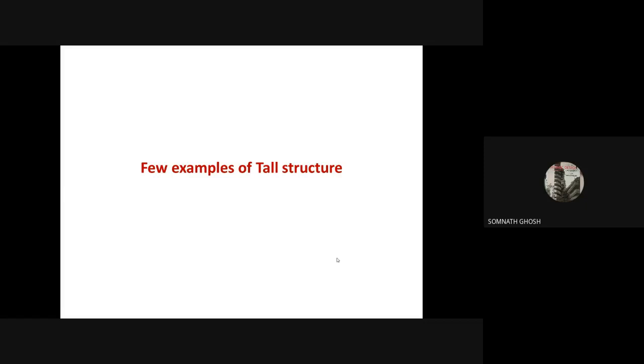And at the same time, if it is a very tall building, then many people will be staying there.